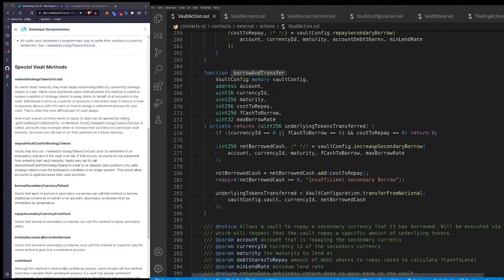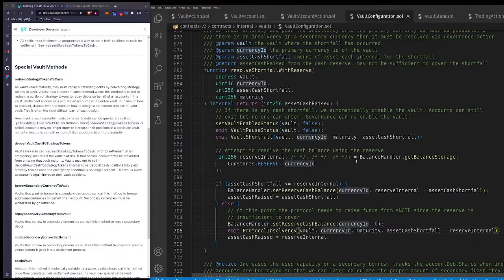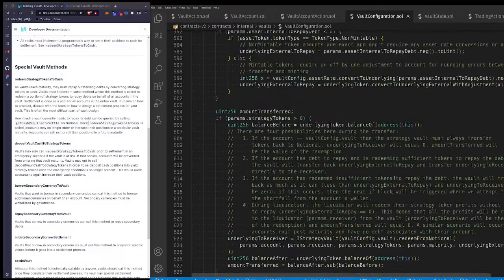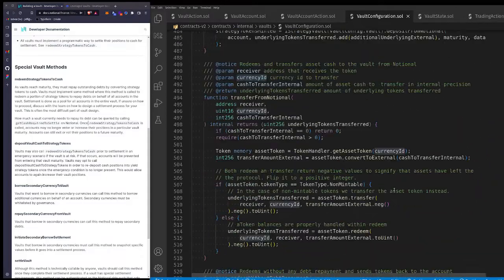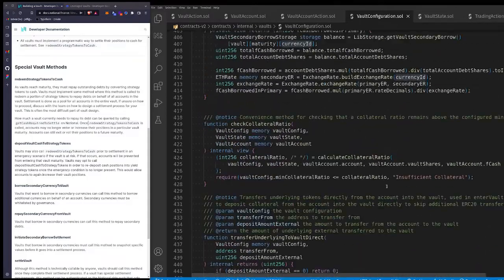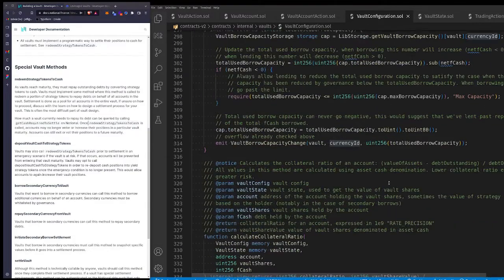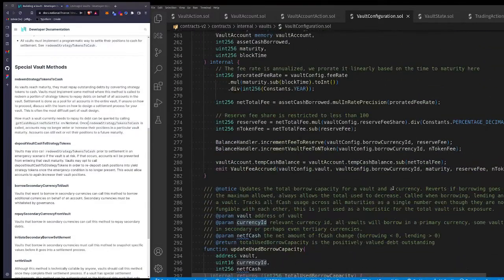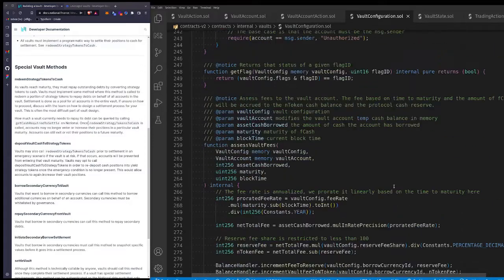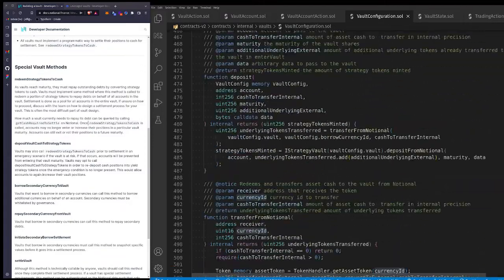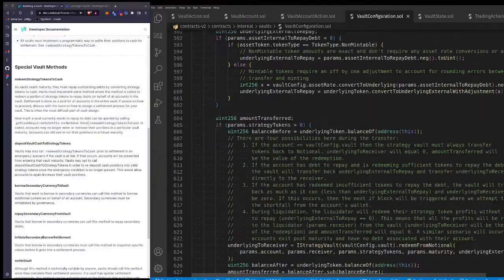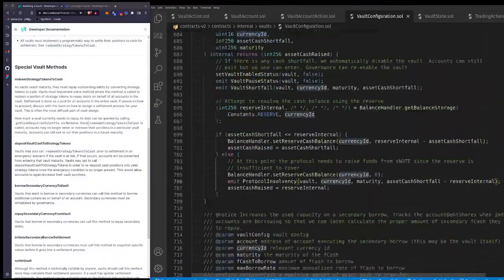So we'll take a look at how these secondary borrows work. Secondary borrows work in some ways similar to how Notional vault states work. Let's find this code real quick.